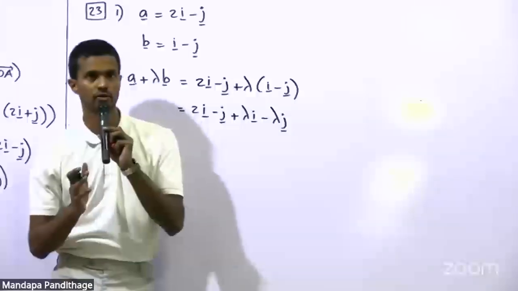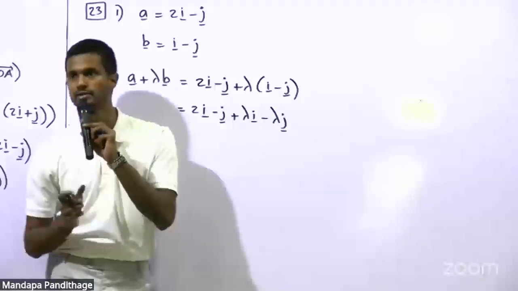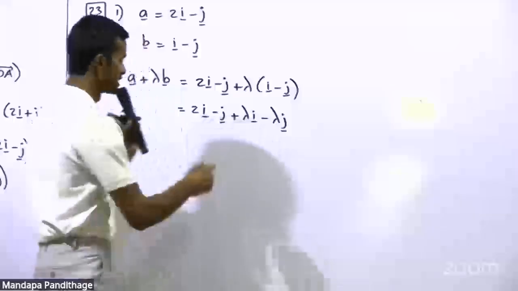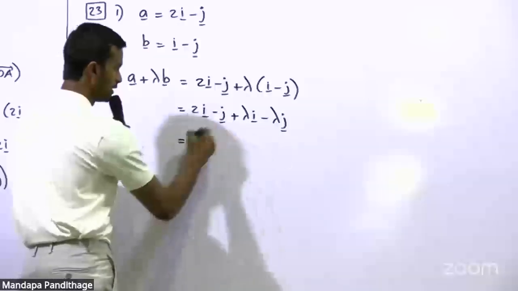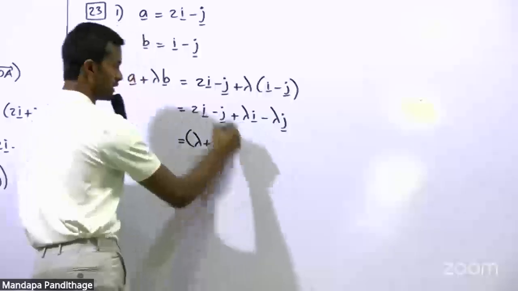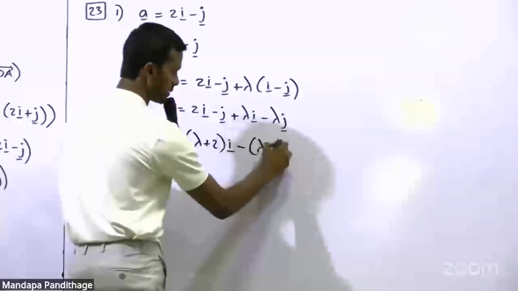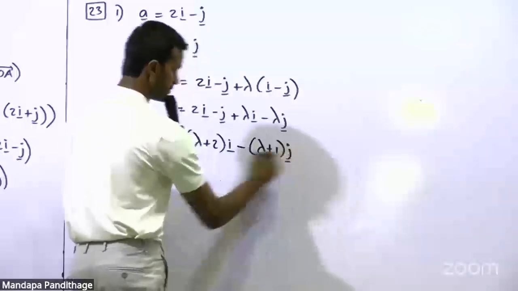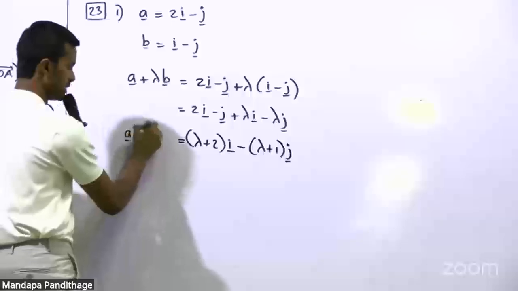Bring the vector a to one place and vector b to the same place. Okay, so first thing is I'm going to write i, it's lambda plus 2 times i. If you take out this, minus lambda plus 1 j. So this is vector a plus lambda b.